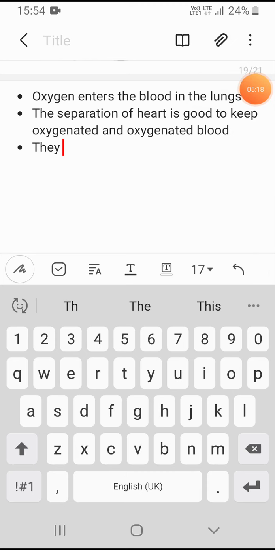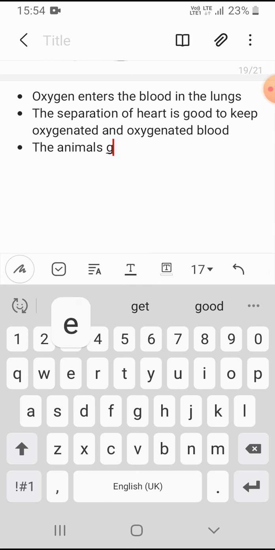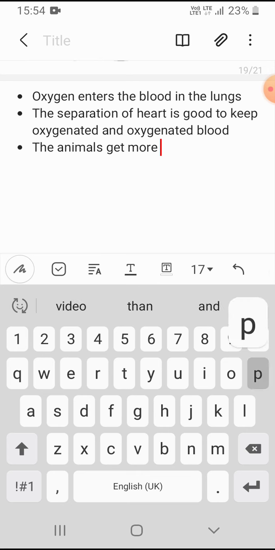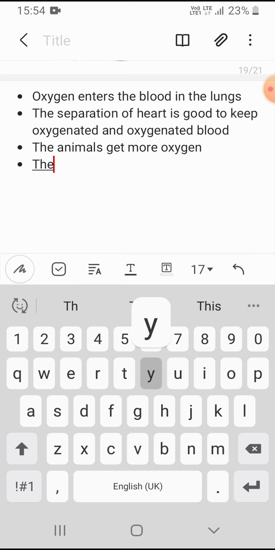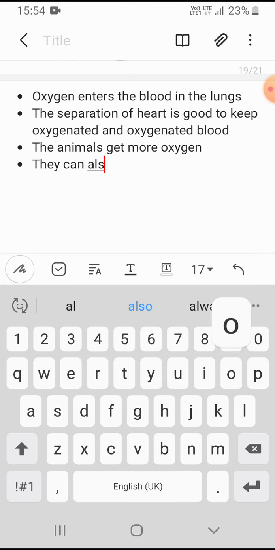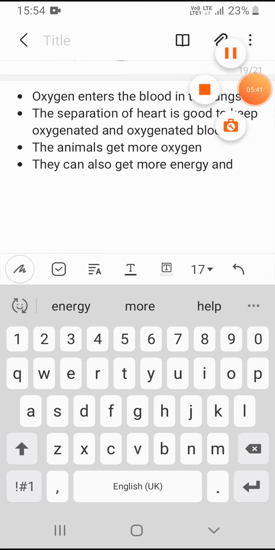Animals get more oxygen. If we separate like this, and we see the heart, they can also get more energy to do work, and more temperature.